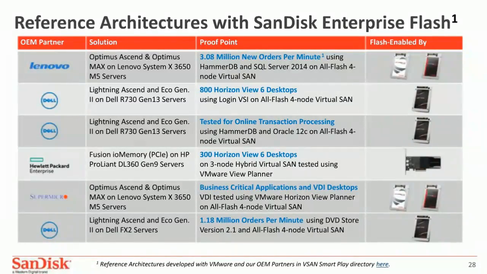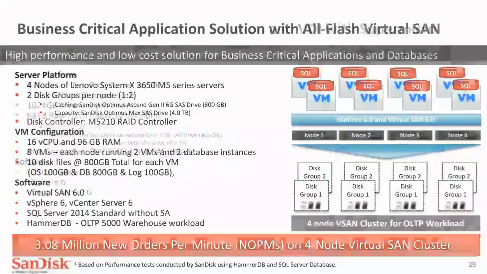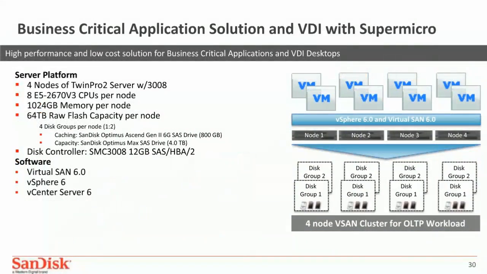So let me share with you a couple of the reference architectures in a little more detail. Just going back to my previous slide. As I mentioned, we did a couple of reference architectures, and the previous one we did with Lenovo using our Optimus Max as capacity, the 4 terabyte drive, and we got 3 million new orders per minute.